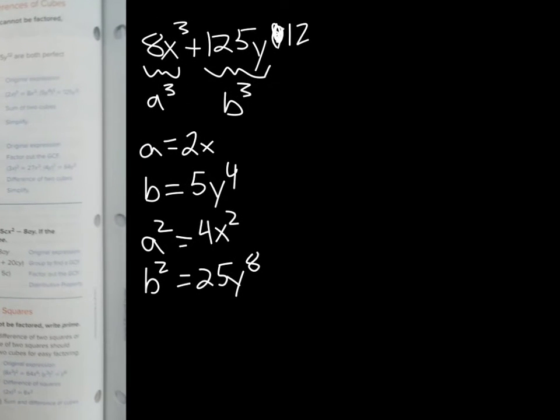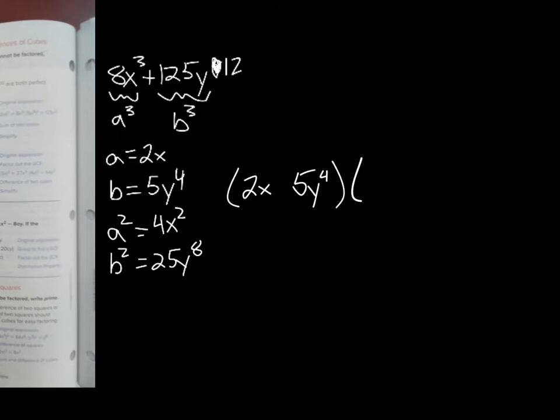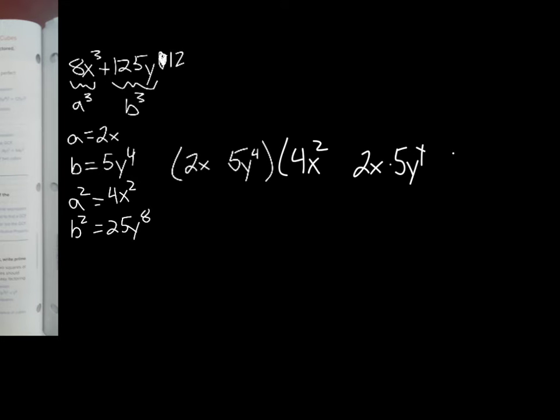So this factors into the a and the b. Then the a squared, and again, I'm just going off the formula, a times b, so I'm going to write it as 2x times 5y to the 4th, and then b squared, 25y to the 8th.